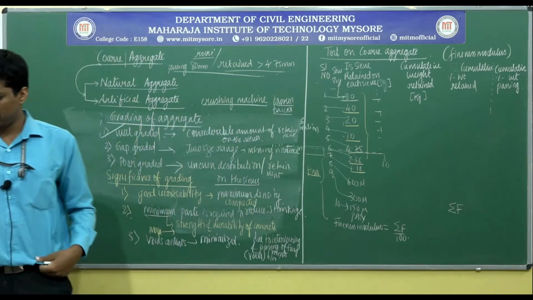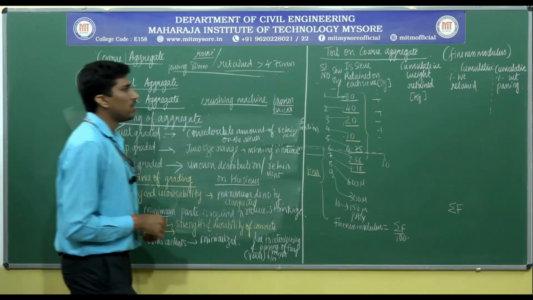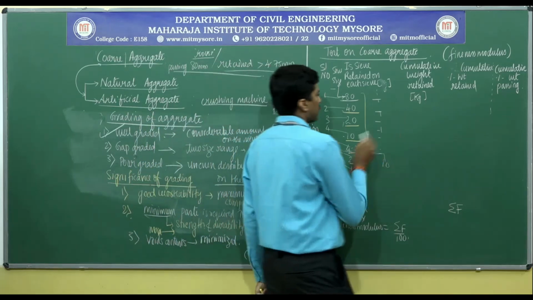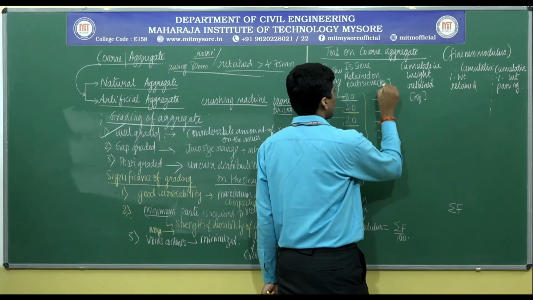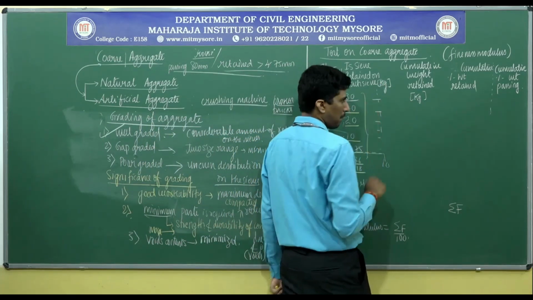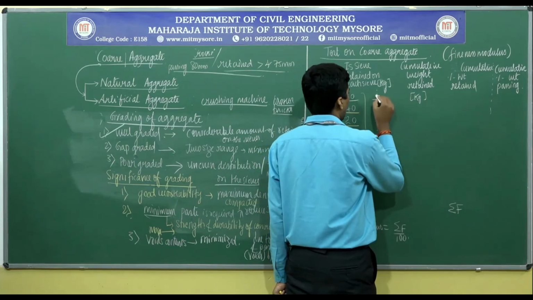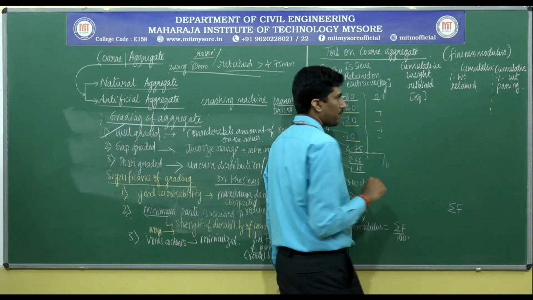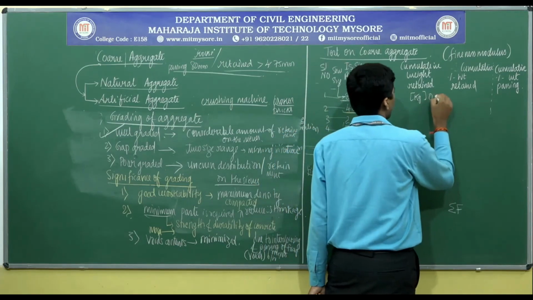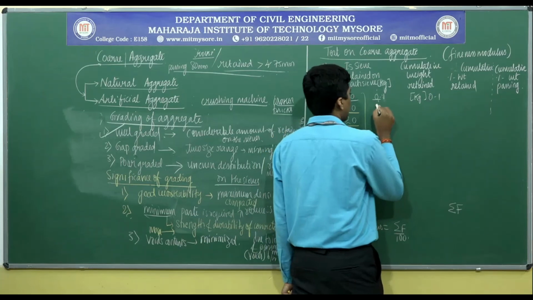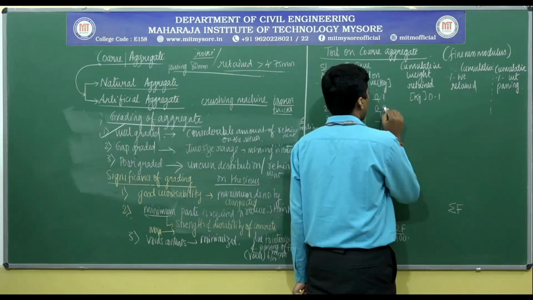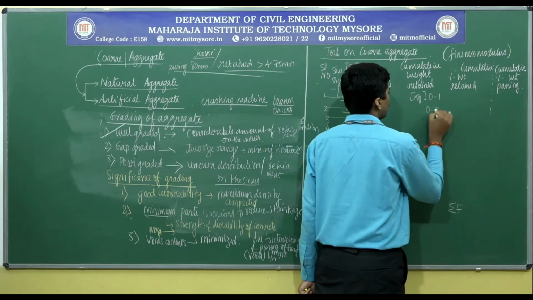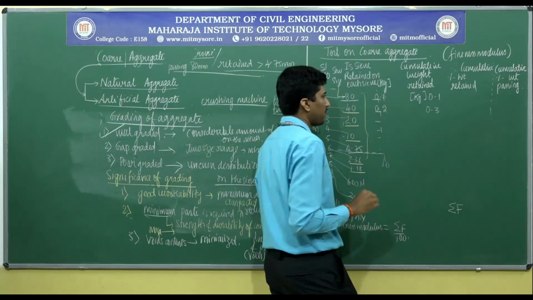There is one condition. Next thing is the cumulative weight retained. For example, here it is represented in terms of kg. For 80 mm, if you have 0.1 kg retained, then the cumulative retained is equal to 0.1. If you have 40 mm, then 0.2. What happens? 0.2 plus 0.1 is 0.3 kilograms.